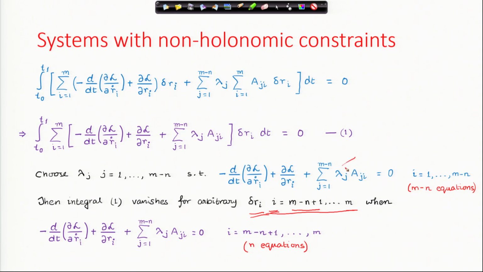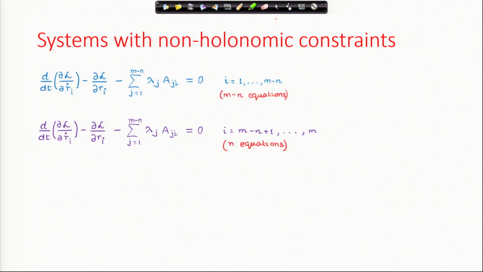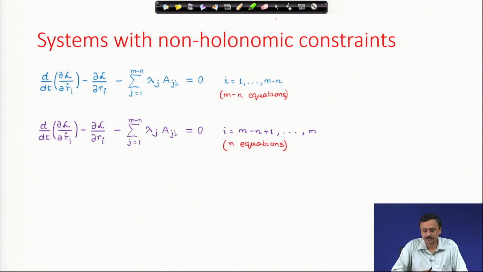But remember, the choice of lambda was made here, therefore here lambda is known. But we really do not have to solve for lambda this way, and this we had discussed again. We have these two sets which must vanish. The first set goes from i equal to 1 to m minus n, the second set goes from m minus n plus 1 to m.